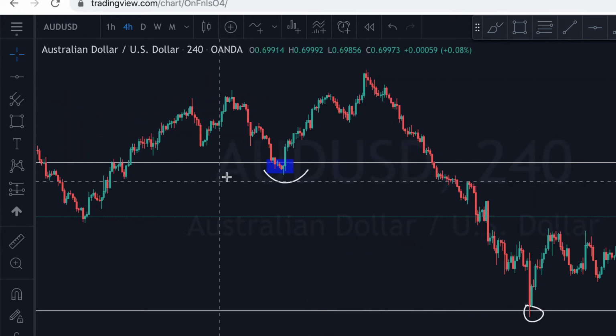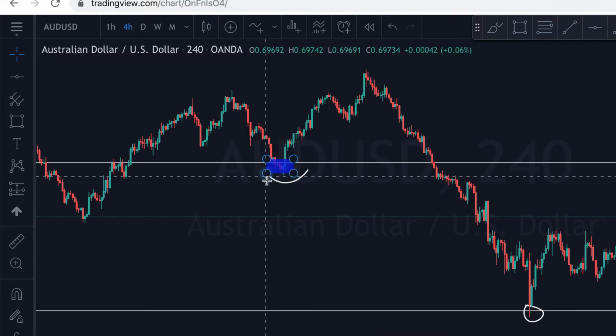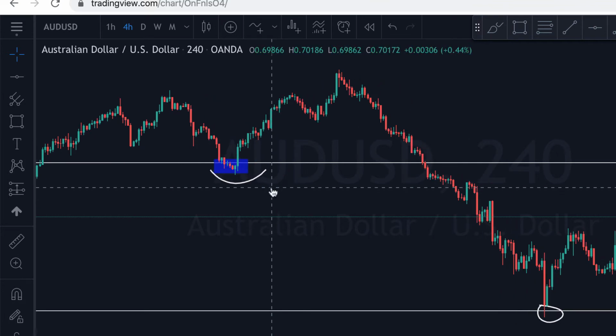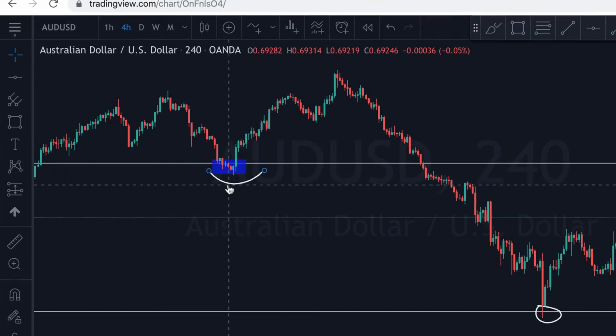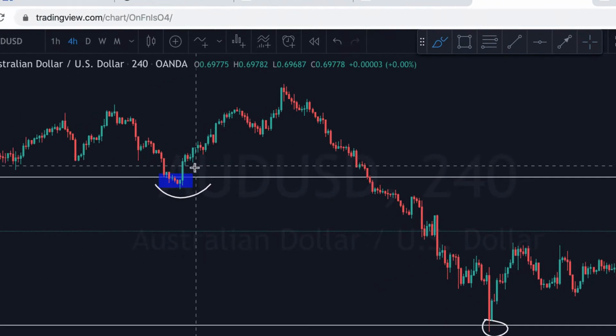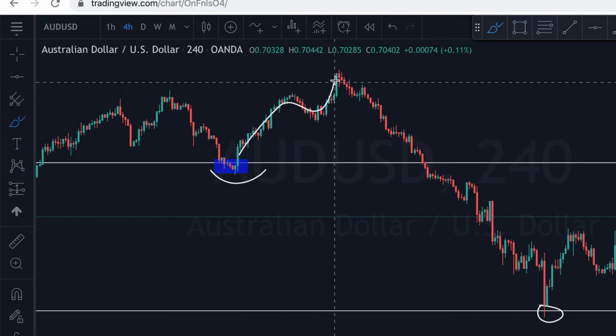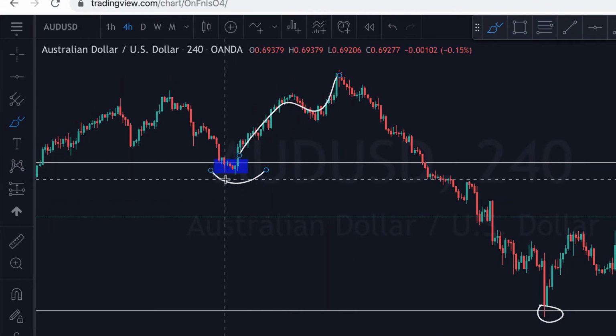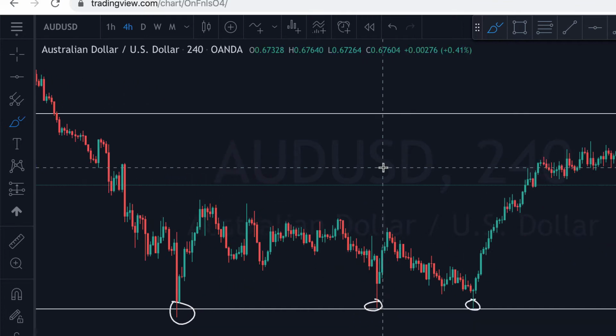So you can see here, right? This was actually a support, right? The price bounced off, literally did a nice swing up from that area, and look what happened when it tested one more time.